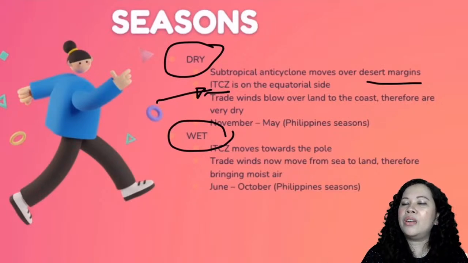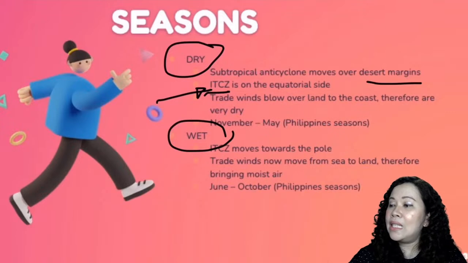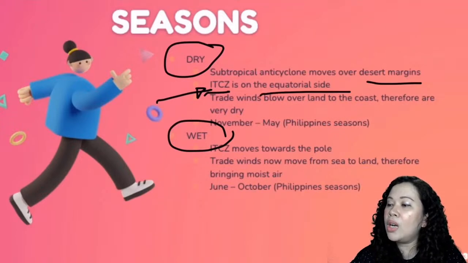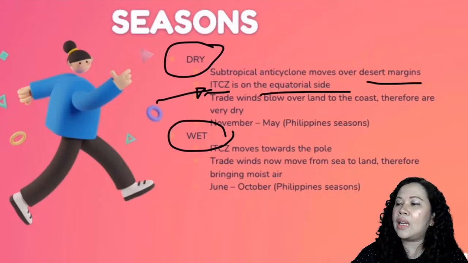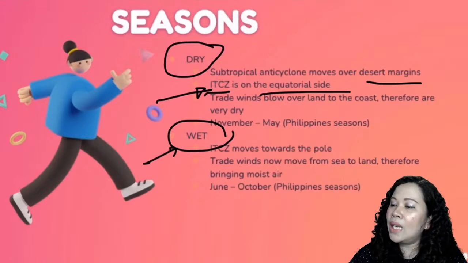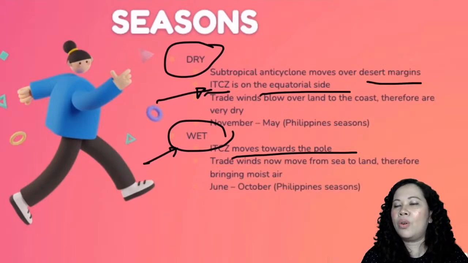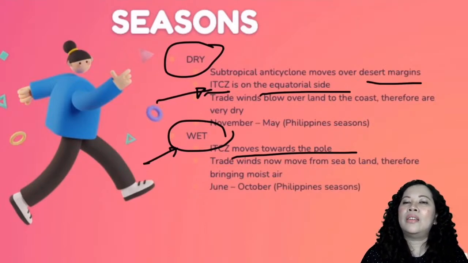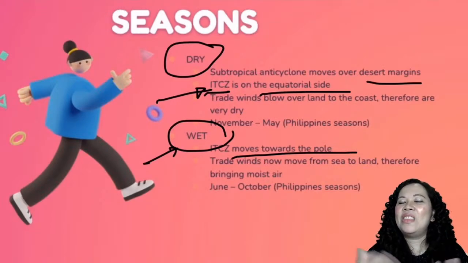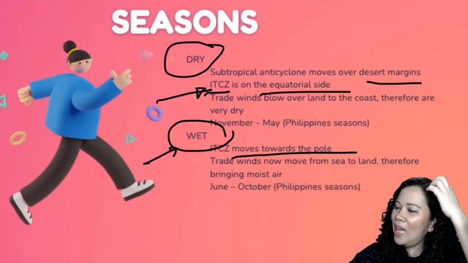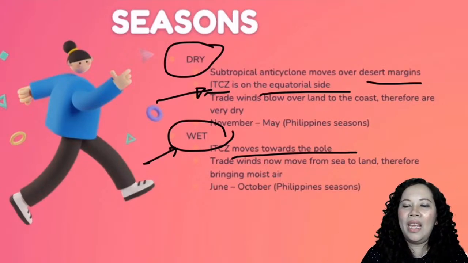So if you have thunderstorms, or if you have storms, then that is ITCZ. So this is towards or on your equatorial side. If it is wet, your ITCZ moves towards the pole. So that is the reason why we have your monsoon and amihan, okay, the different blow of your wind. Okay, so you have your dry and wet.